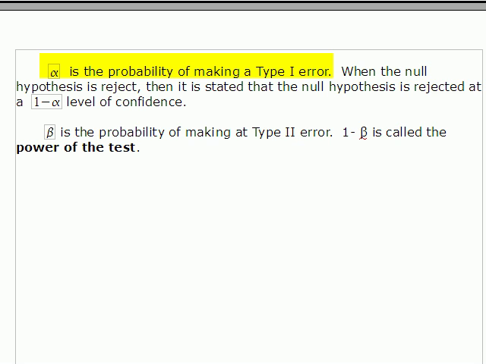When the null hypothesis is rejected, it is stated that the null hypothesis is rejected at a 1 minus alpha confidence level. So if you want a 95 percent level of confidence as you reject your null hypothesis, then you want alpha to be 0.05. Beta is the probability of making a type 2 error, and 1 minus beta is called the power of the test, and it's not really measured. All our calculations are going to depend on the alpha that we choose.